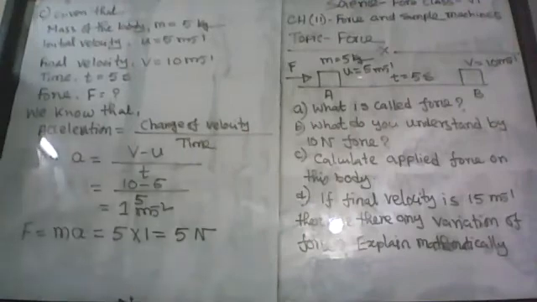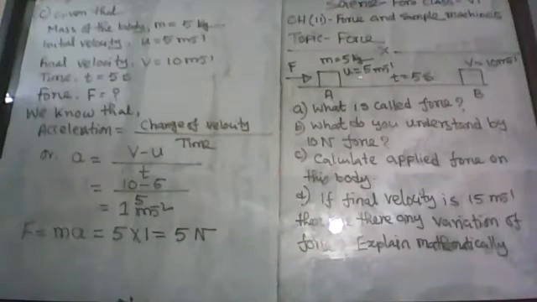Now in the new situation, if the final velocity is 15 meter per second, can the value of applied force vary or not? We're going to justify this and explain it with mathematical logic.